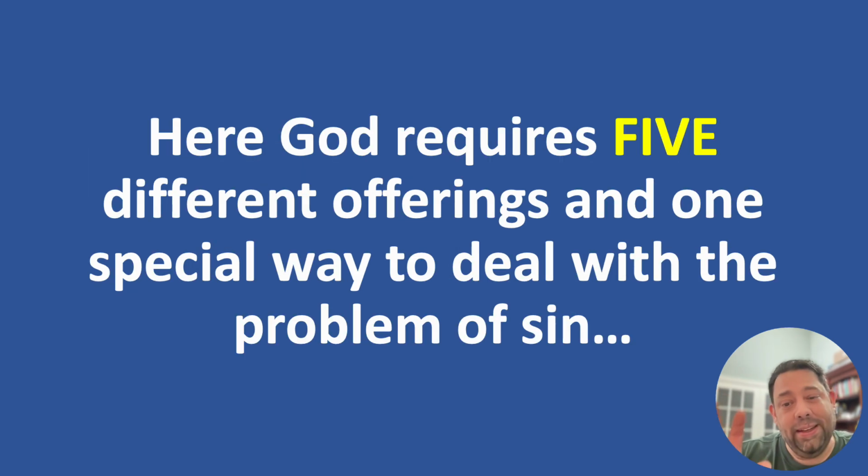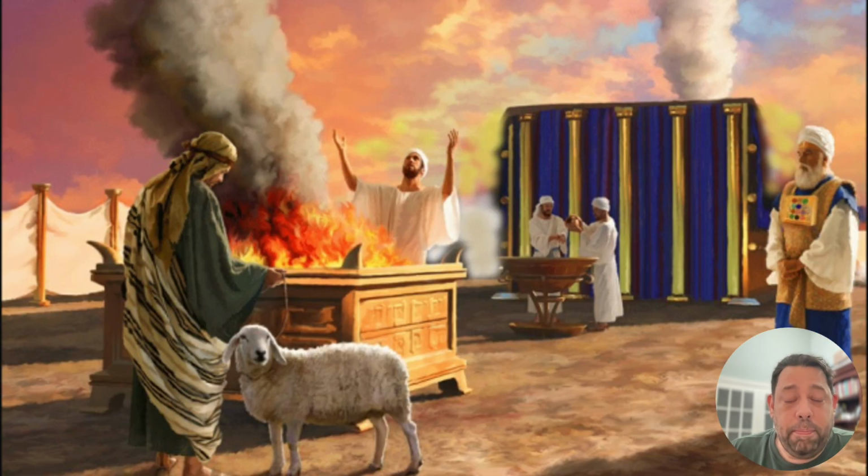Here in that book, God requires 5 different offerings and one special way to deal with the problem of sin amongst God's people. See, when Moses brought the people of God out of Egypt, while he was at Mount Sinai, God told him to build a tabernacle. And the tabernacle was the place where God would dwell. The presence of God would dwell.